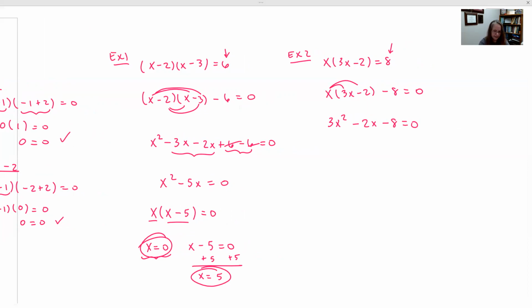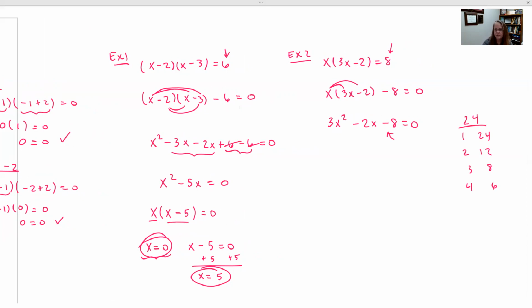So the AC method means I'm going to take A times C, and I'm going to find all my factors of 24 that have a difference of 2. Where I'm getting that from is that this 8 is negative. So that means I'm going to take the difference of my factors.